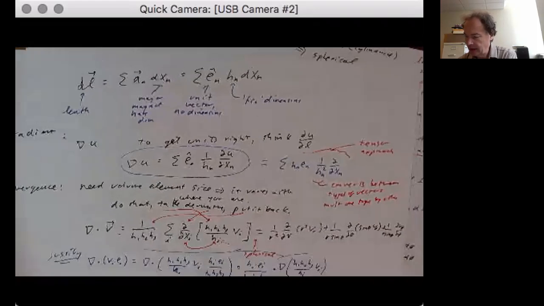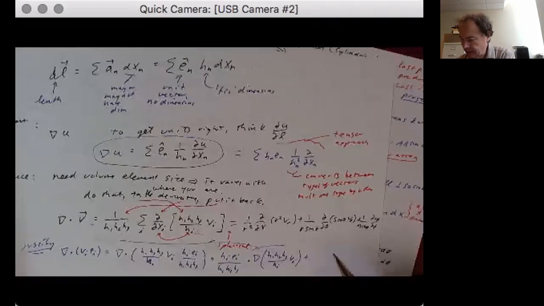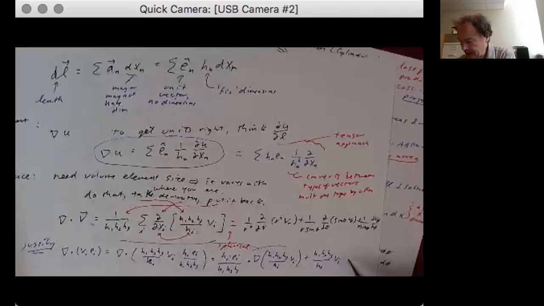And then we have to add on the other term in the product rule, which is h1 h2 h3 over h sub i times v sub i del dot e sub i h sub i over h1 h2 h3.